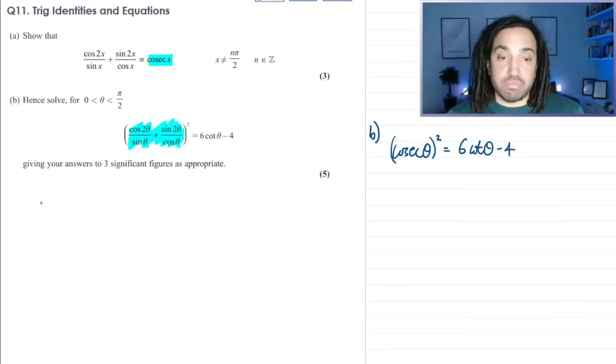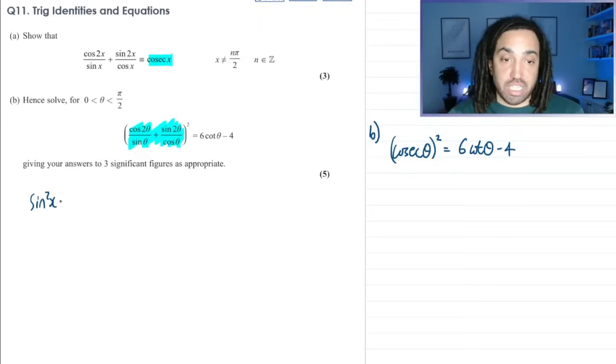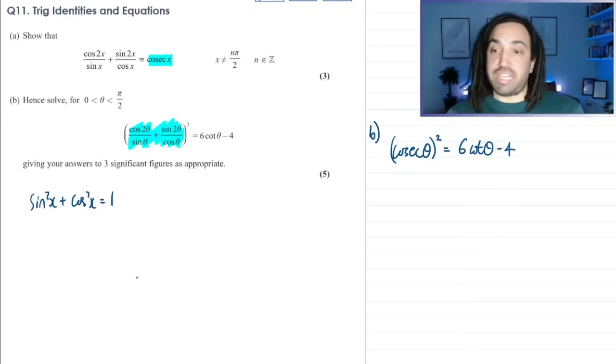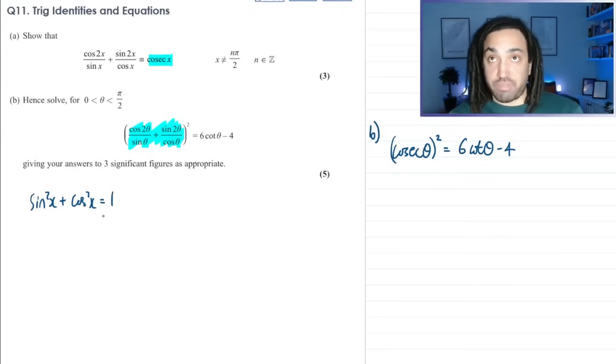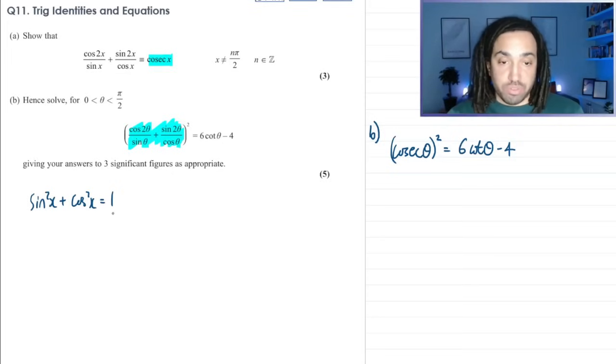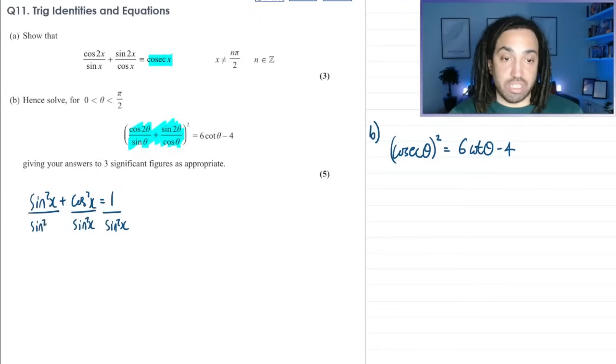Now, there is an identity which links sine squared and cos squared, and there's also two other identities that stem from this, and there's one that involves cosec squared and cot squared. Now, in order to find it from this original identity, we can divide through by sine squared on each term, because that will give us a cosec squared on the right hand side, just like this, a cosec squared, because that's 1 over sine squared.